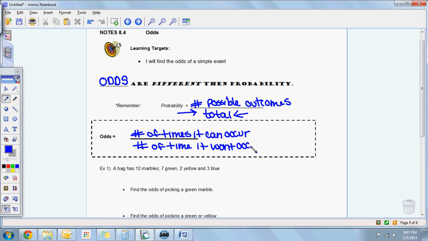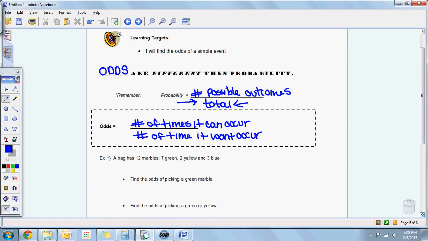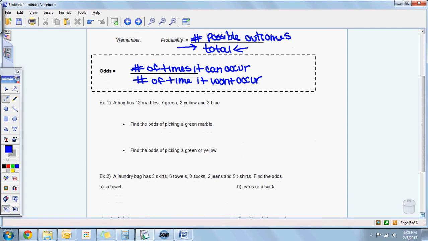So kind of the opposite. Instead of doing the total on the bottom, you're going to write the number of times it will happen over the number of times it won't happen. Okay? So that will make more sense once we do some of these examples.